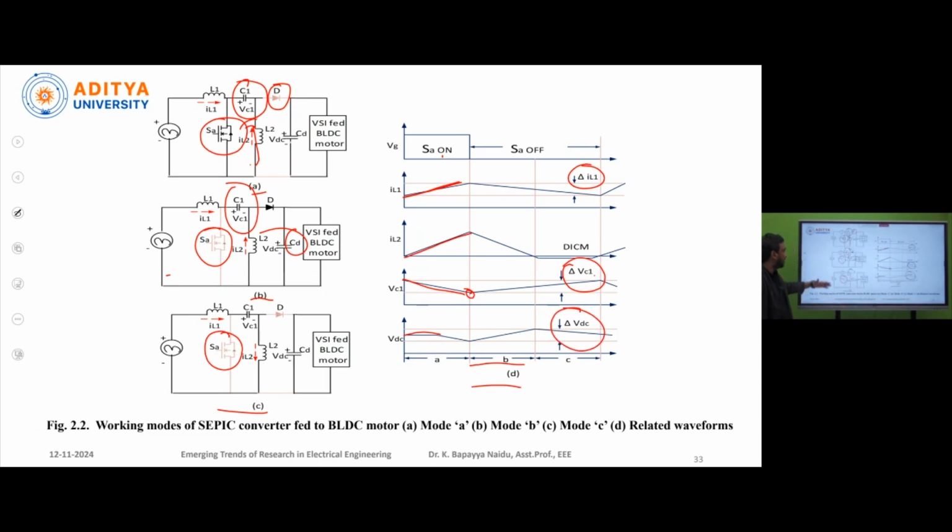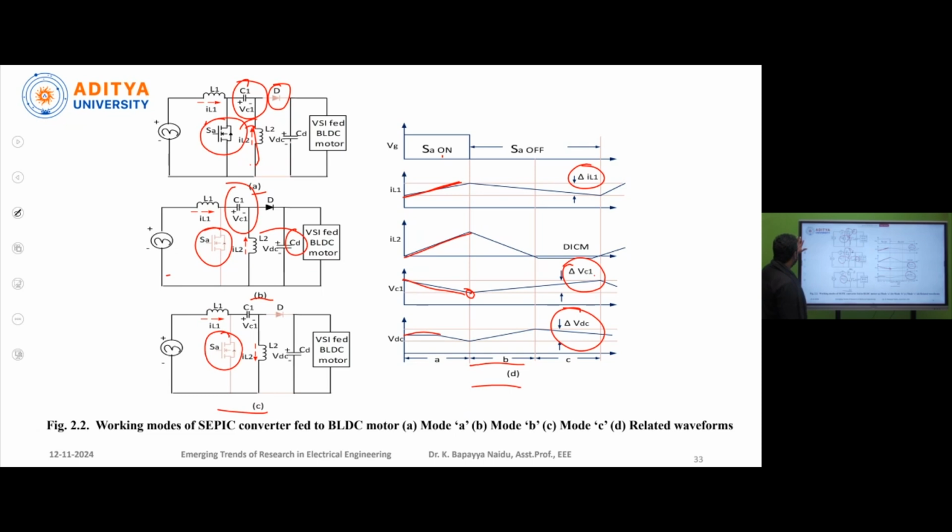In this way, for every instant of time, based on this switching states of this SA, the voltages across the capacitors and currents in inductors will be changed. This is the basic operation of SEPIC converter.